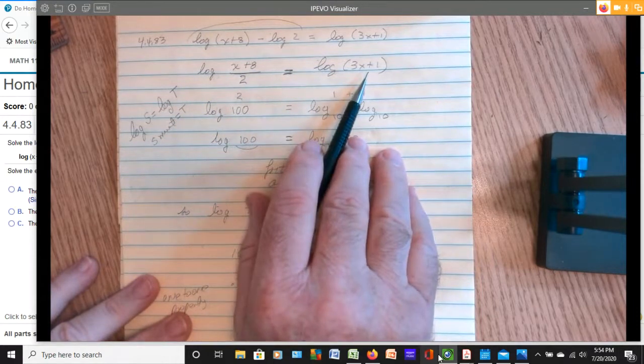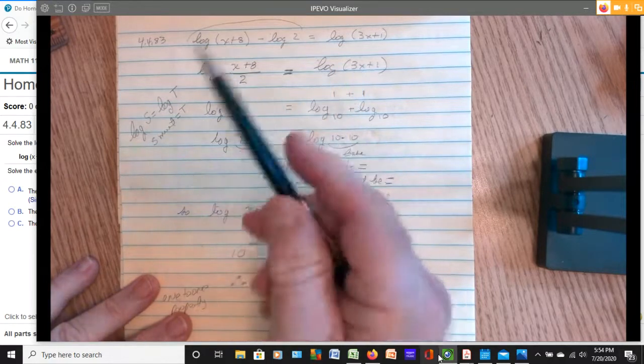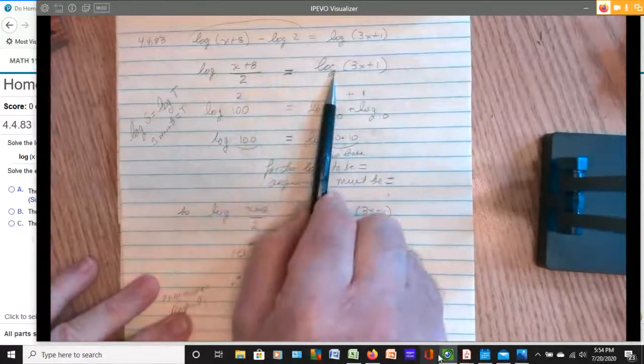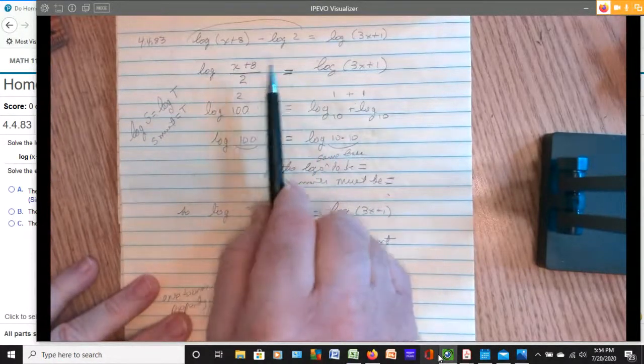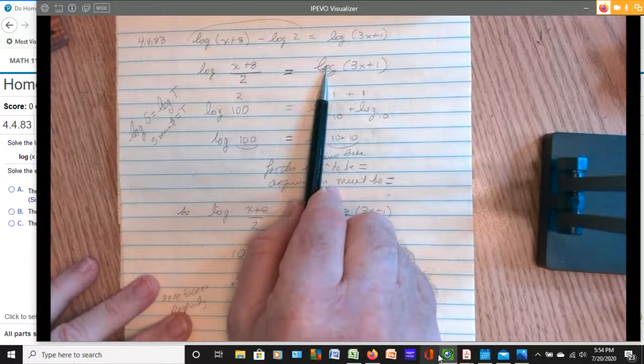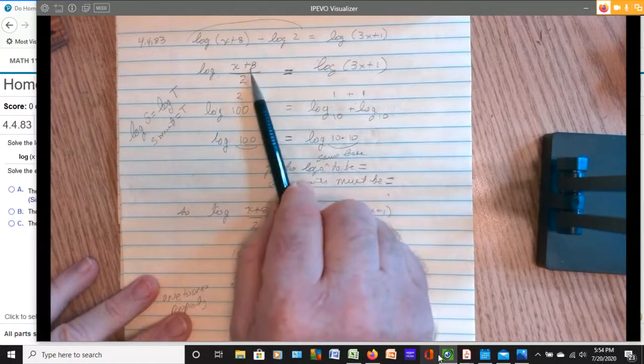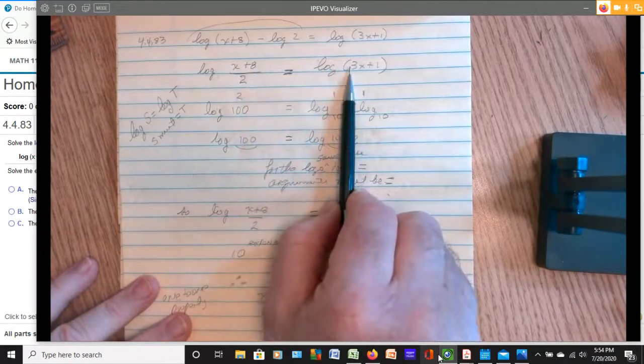The one-to-one property for logarithms tells us that if you have the same base and single logarithms that are equal to each other, the arguments must be equal.